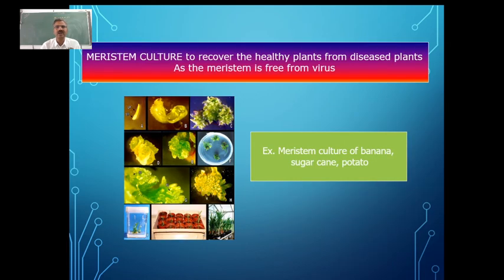You can see the other useful aspect for which we use this tissue culture. If we are having a plant which is diseased but it may be having a very good yield, we have the meristematic region, which is not affected by the viruses or maybe some pathogens normally. That meristematic region will be very healthy in that case.